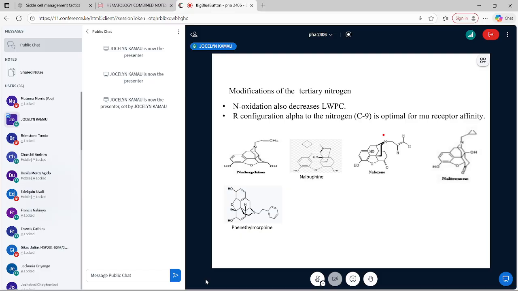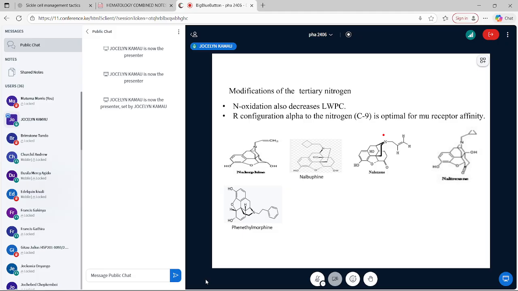We had mentioned, again, kindly remember we said position number 17 is very, very important for potency and also the type of activity. Is it going to be agonist activity? Is it going to be mixed agonist-antagonist activity? Is it going to be a pure agonist?